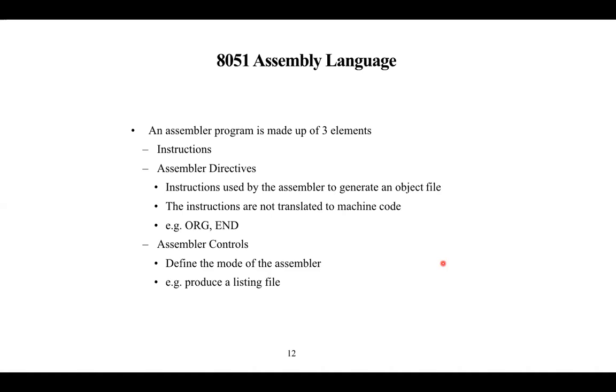An assembler program is made up of three elements: instructions, assembler directives, and assembler controls. Assembler directives are instructions used by the assembler to generate an object file. These are not translated to machine code, that is ORG and END. By default you have to write these at the beginning and at the end, but these are not directly translated. Assembler controls define the mode of the assembler, that is, to produce a listing file.